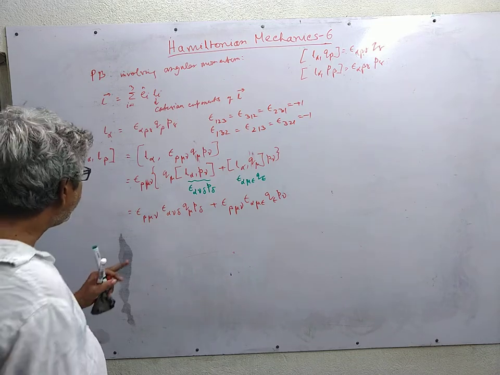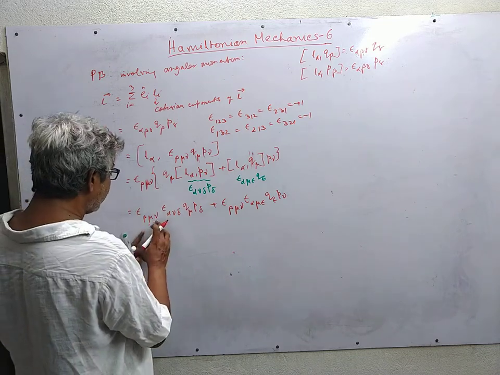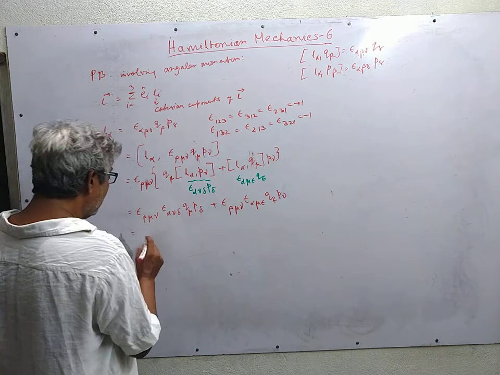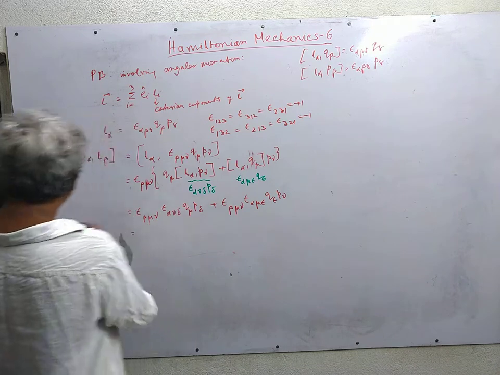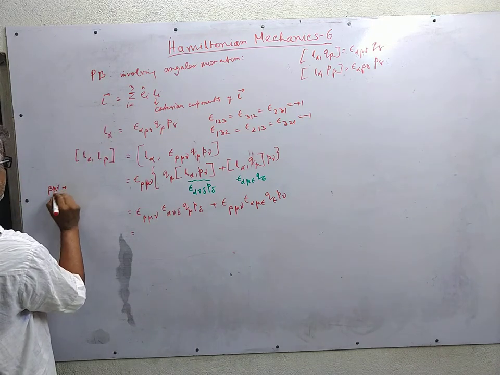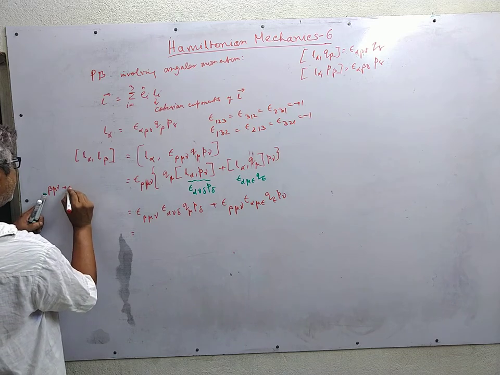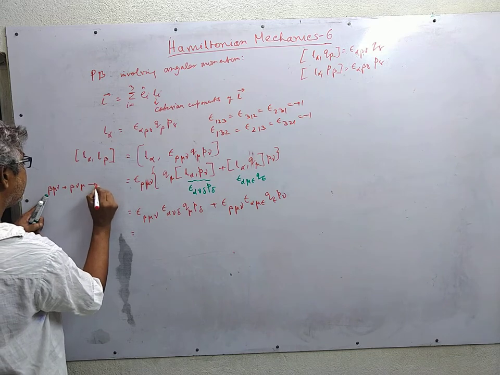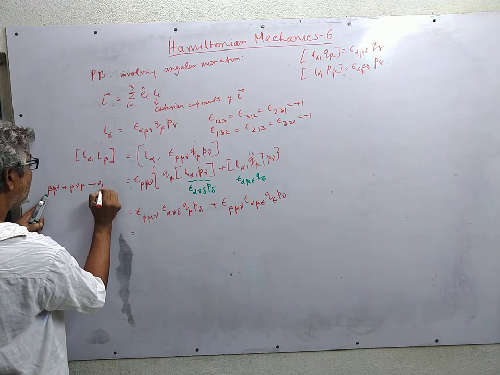Here we bring this nu in the first place, so we need to have two interchanges. One is that we have beta mu nu. From this one interchange we get nu beta mu. In the second interchange we get it nu mu beta.